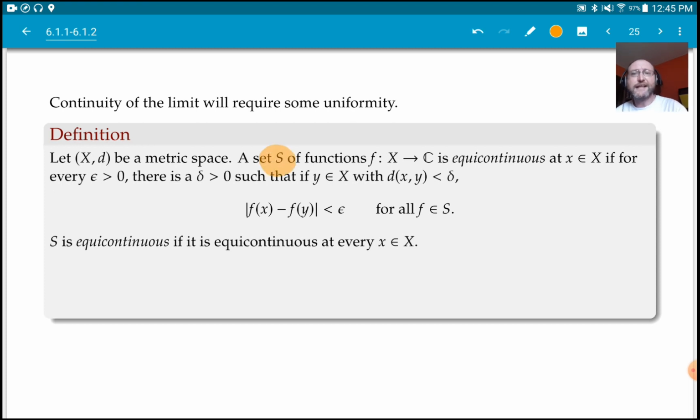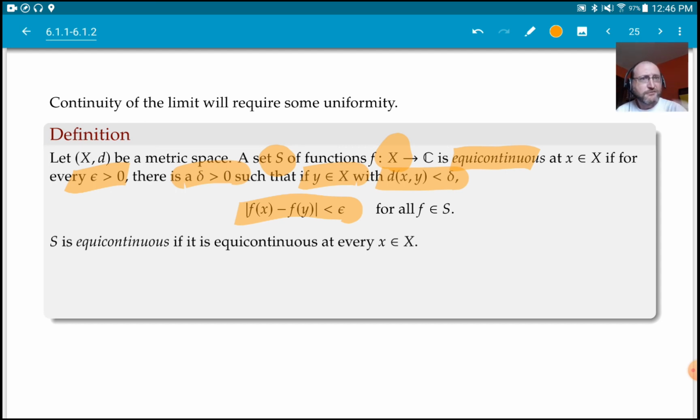This S is a set of complex valued functions on X, and we're going to say this set is equicontinuous at x if, basically like the definition of continuity, for every epsilon there is a delta, so that if y is within delta of x, then f of y is within epsilon of f of x.